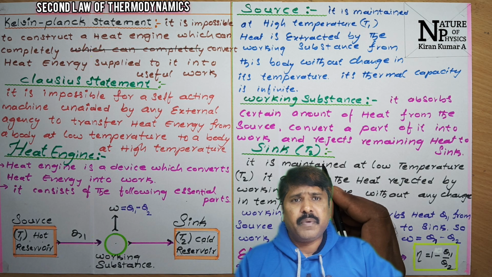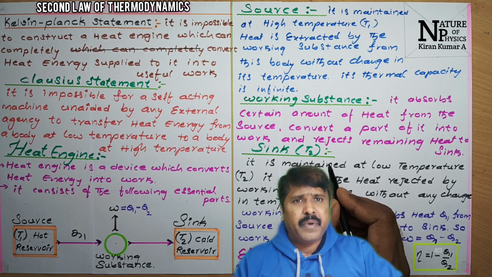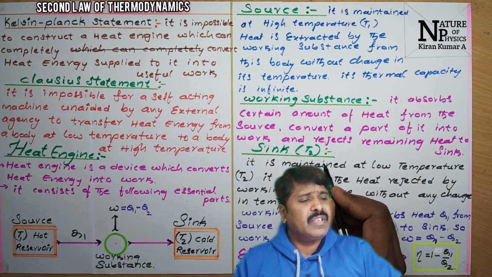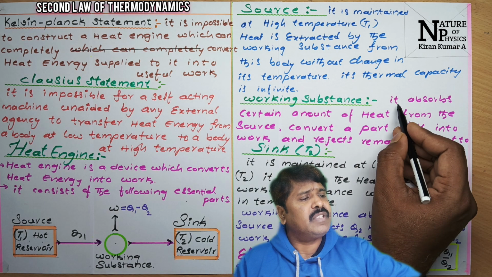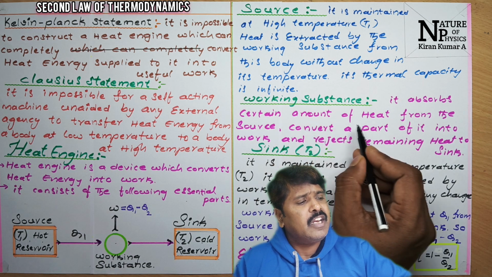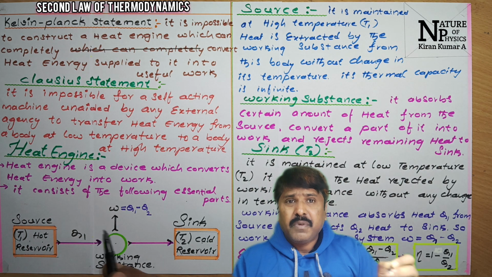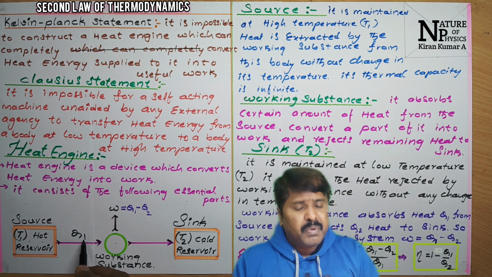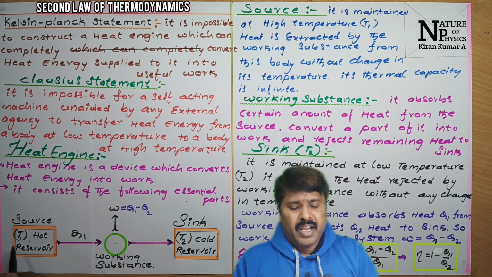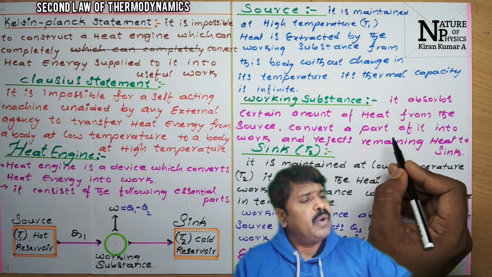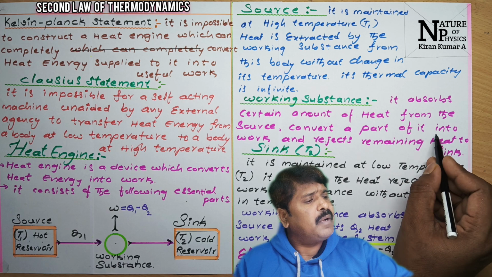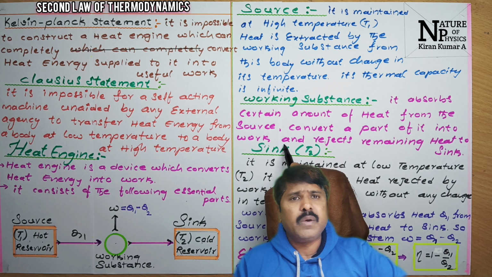See student, for a steam engine, steam is the working substance. For a diesel engine, the working substance is diesel. The working substance absorbs a certain amount of heat from the source. So the working substance absorbs a certain amount of heat Q1 from the source at a temperature T1, and converts a part of it into useful work, student.